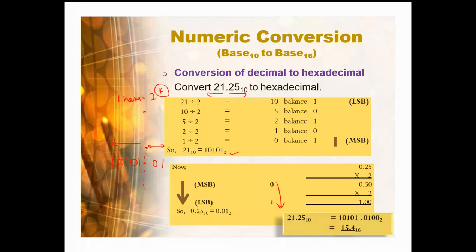So kita potong 1, 2, 3, 4. Potong 1, 2, 3, 4. Kita tambah je kosong sebelah kiri. Okay, untuk yang before floating, kita kena potong daripada kanan ke kiri 4 digit. Kenapa 4 digit? Sebab satu hexa sama dengan 2 to the power of 4 dalam binary number.